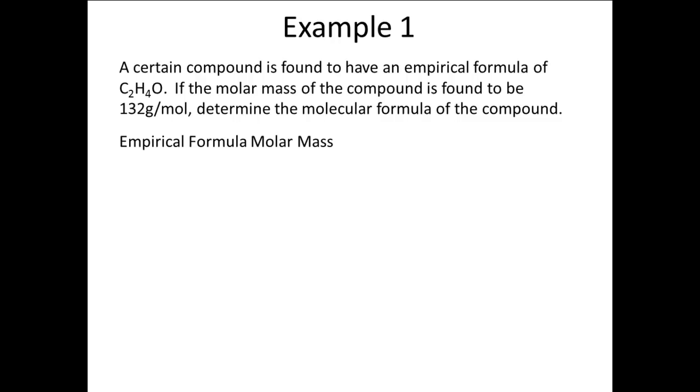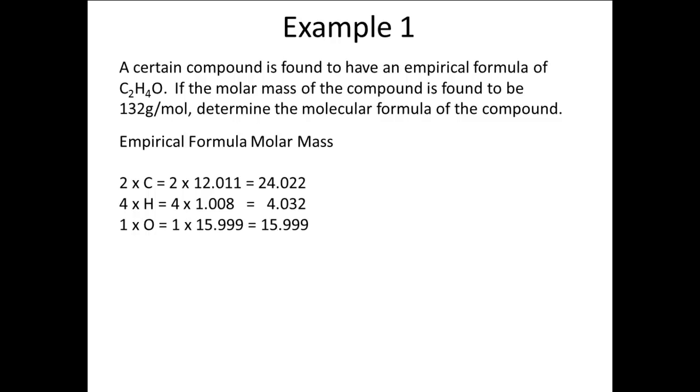The empirical formula molar mass is 2 times carbon, 2 times 12.011, which equals 24.022. 4 times hydrogen, which is 4 times 1.008, which equals 4.032. And 1 times oxygen, which is 1 times 15.999, which equals 15.999, which totals 44.053 grams per empirical formula.